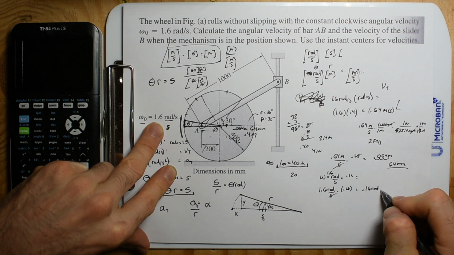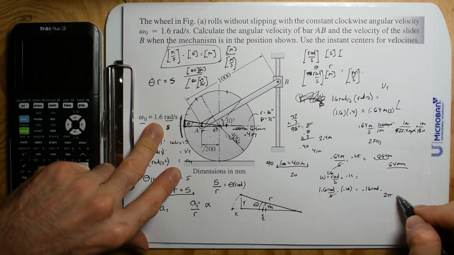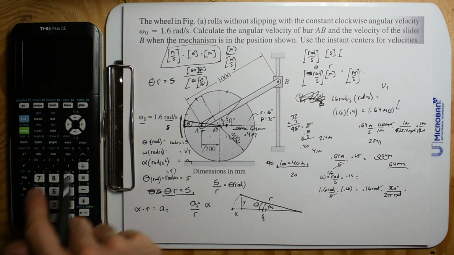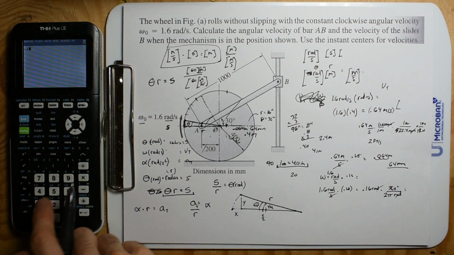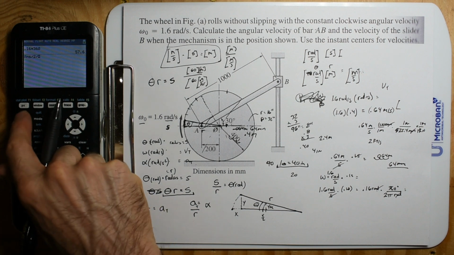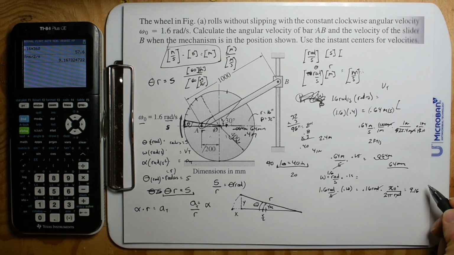Now, just for the conversion, because no one knows what radians are, if we divide by 2 pi radians, that's how many radians are in a circle, which is 360 degrees. Let's see what angle that is: times 360 divided by 2 divided by pi. So that's 9.16 degrees.